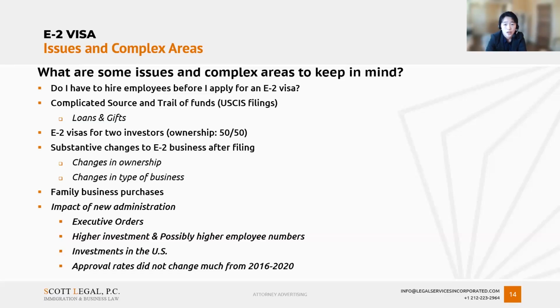You may want to get a letter from an independent CPA that will support the valuation of the business. Really, it is quite risky to try to qualify for the E2 with a family purchase. Definitely reach out to us and we'll help you understand the risks and plan the way forward.